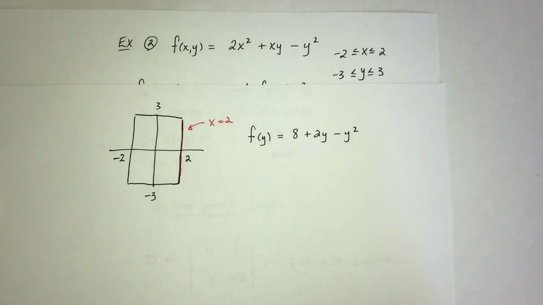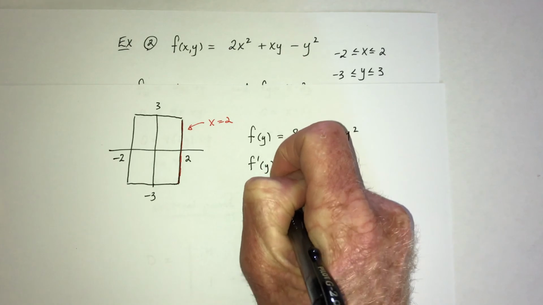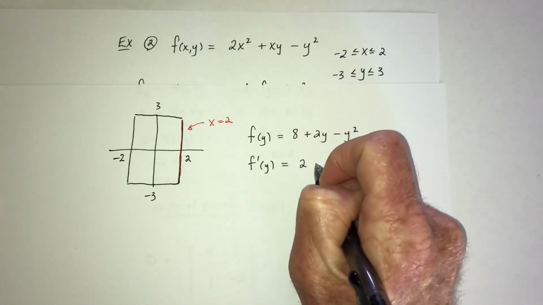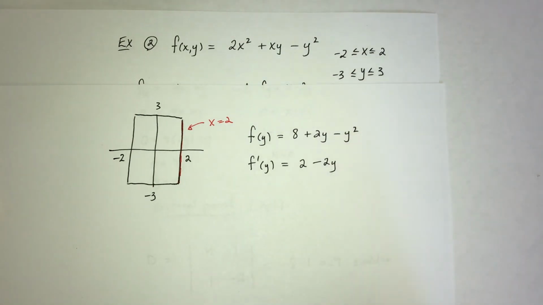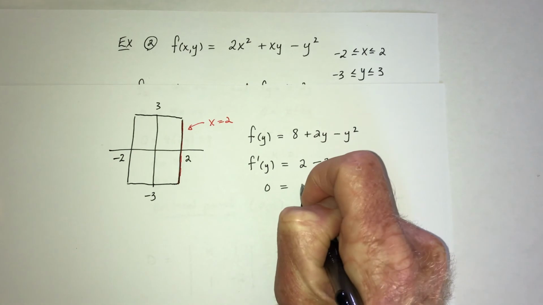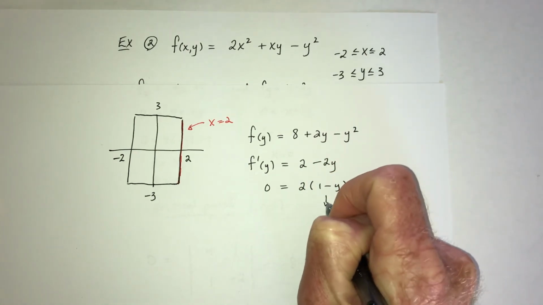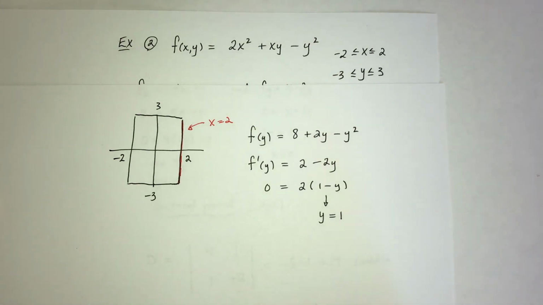So we just get a function of y, since x is a constant 2. Now take the derivative to find out where there's minimums and maximums. So the derivative would be 2 minus 2y. Set that equal to 0. Could even factor out a 2. And that means that y equals 1. So at y equals 1 and x equals 2, there's something important going on.